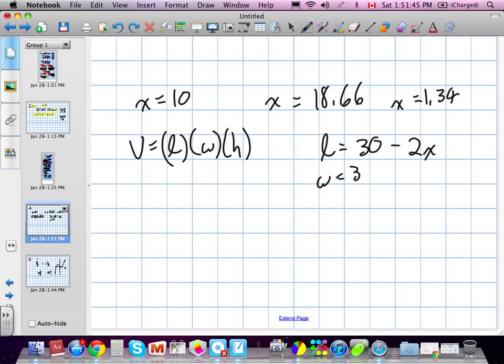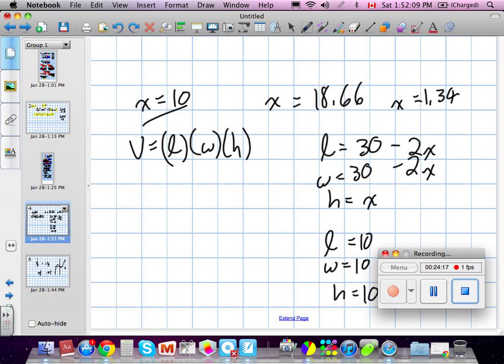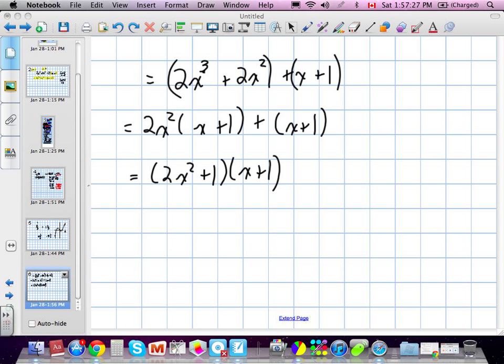So right off the bat, that would give us width is 30 minus 2x, and your height was x. Okay. So in this case, say it was 10, that'd be 30 minus 10, 20, which gives us 10. So we have a length of 10 for our first option, width of 10, and a height of 10, which would give us 1,000.